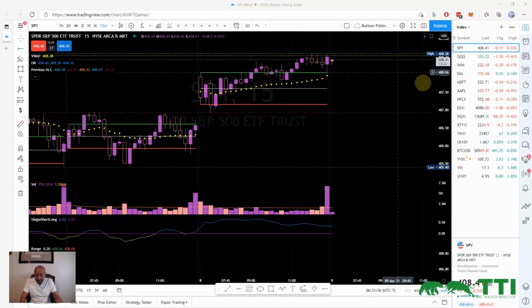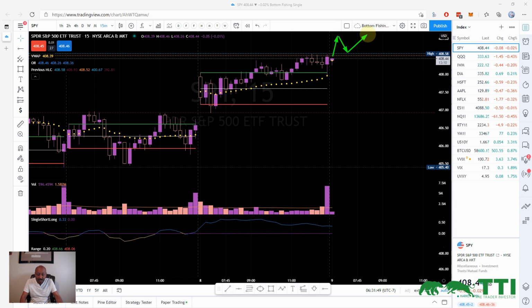So if price breaches these highs and it retests it without closing below it, I'm going to look for a continuation trade. If that doesn't happen and price breaches the lows and tests the lows without closing above them, I'm going to look for an entry with put options.